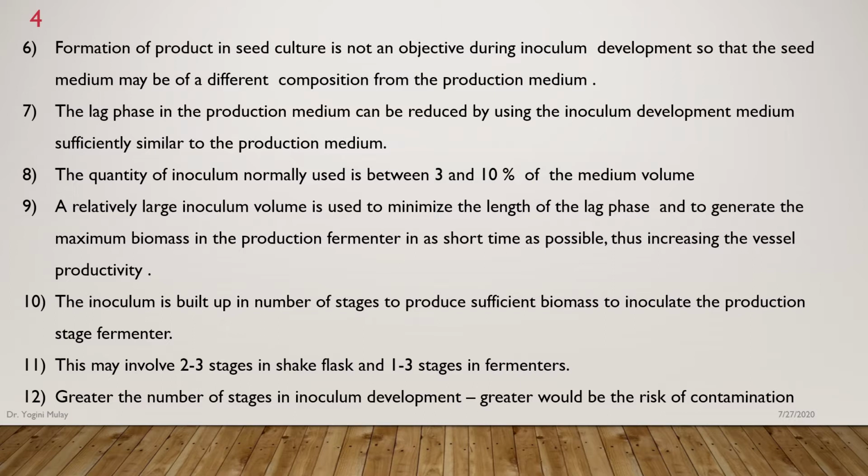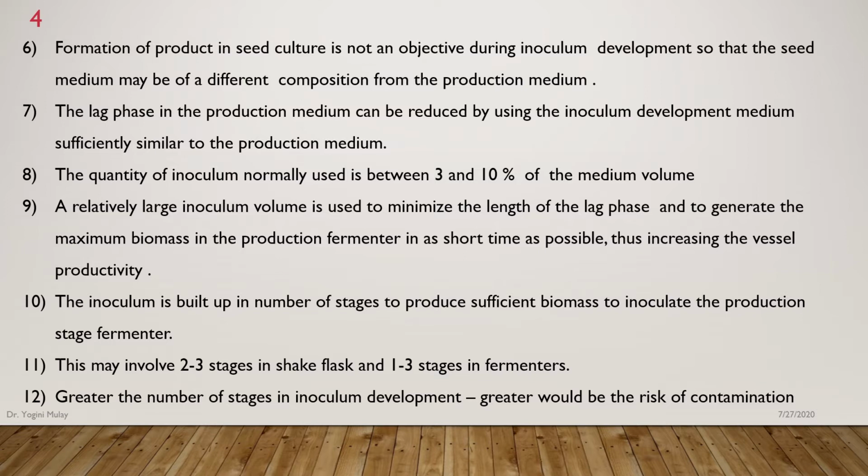Now, the lag phase in the production medium can be reduced by using an inoculum development medium which is sufficiently similar to the production medium. Even though the objective of inoculum development is to support biomass cultivation, and the aim of the production medium is to support product formation, if we use very different media, if there is a tremendous difference between the inoculum development medium and the production medium, then again there is a possibility that the lag phase in the production medium may increase.